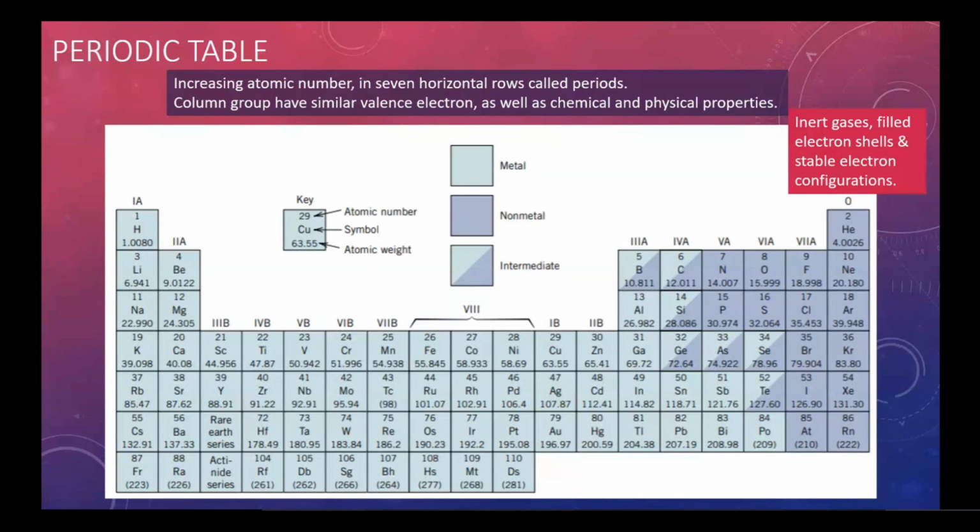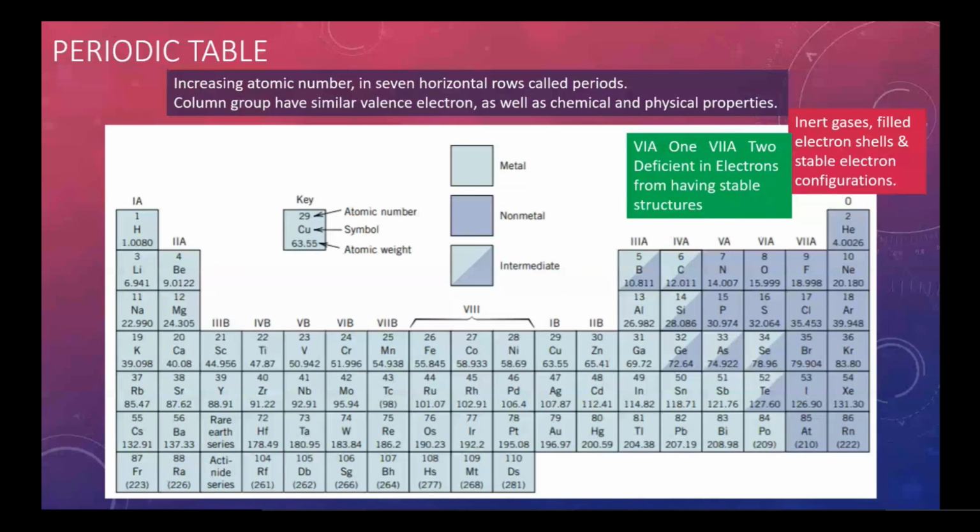That is the last of the columns. Then groups 6A and 7A are deficient in 1 and 2 electrons from stable electronic configurations. Similarly, groups 1A and 2A have an excess of 1 and 2 electrons.